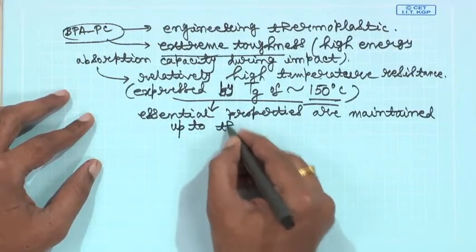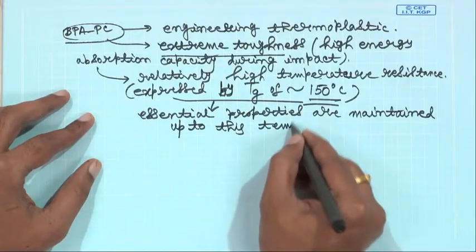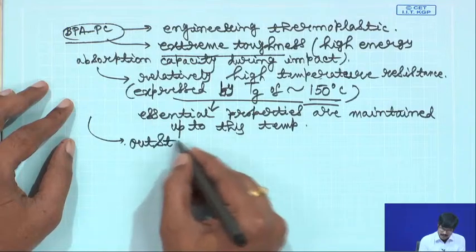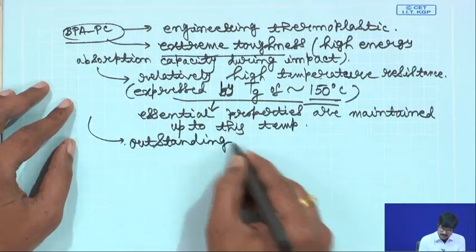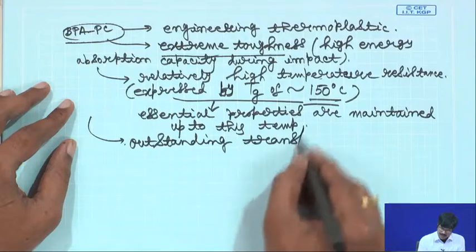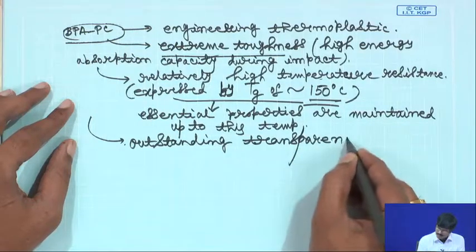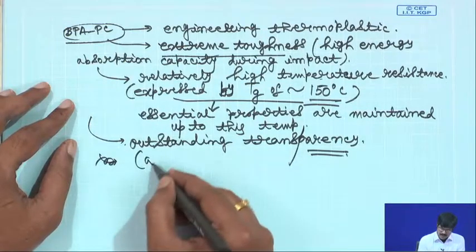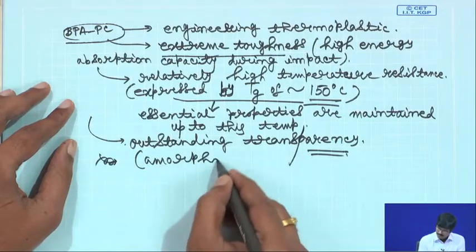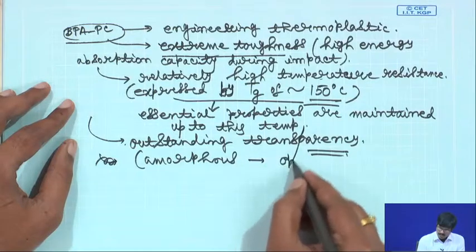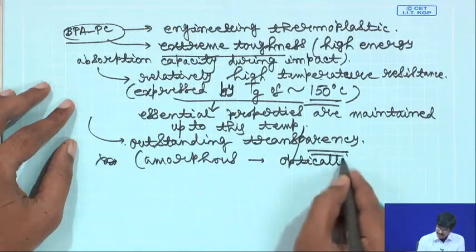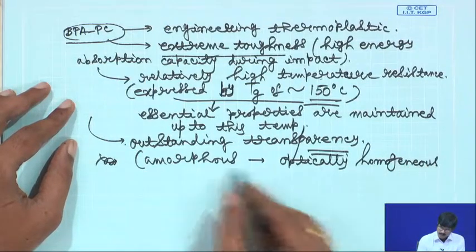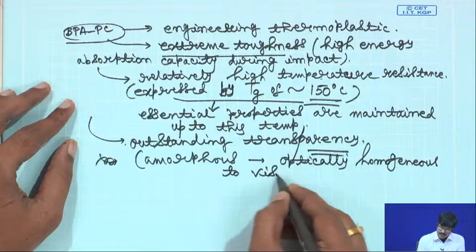up to this temperature, and these materials have outstanding transparency, because they are typically amorphous materials, and they are optically homogeneous to visible light.